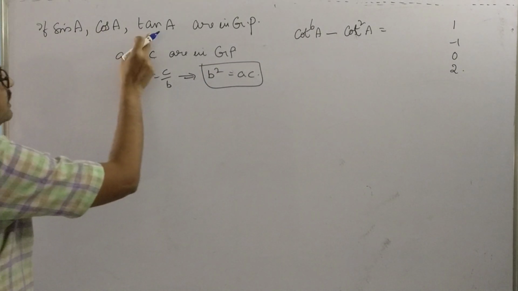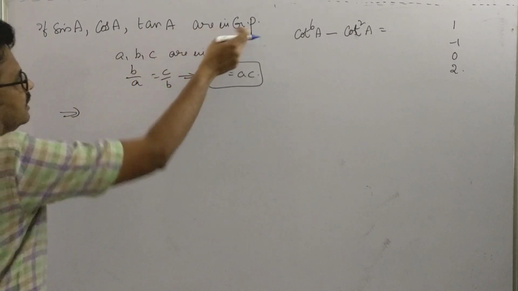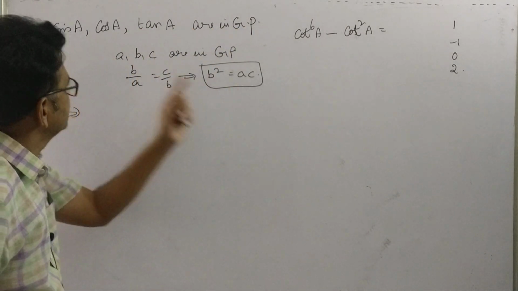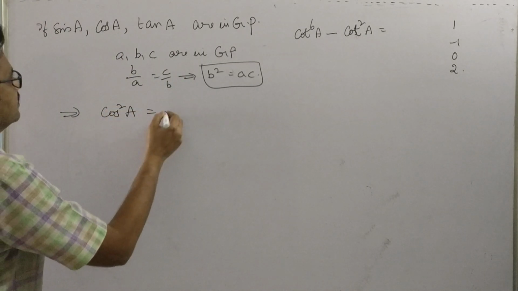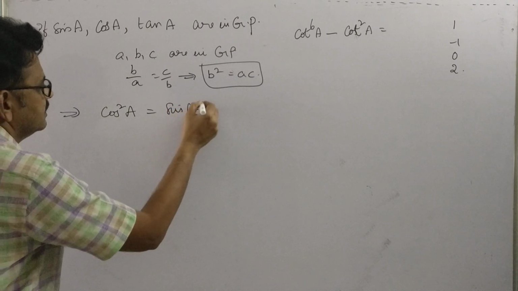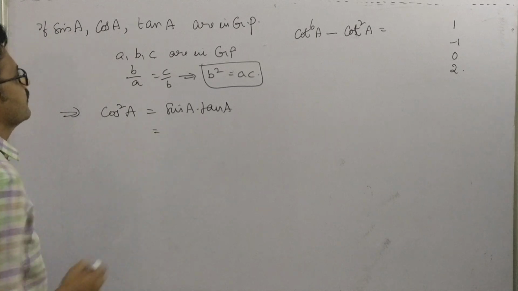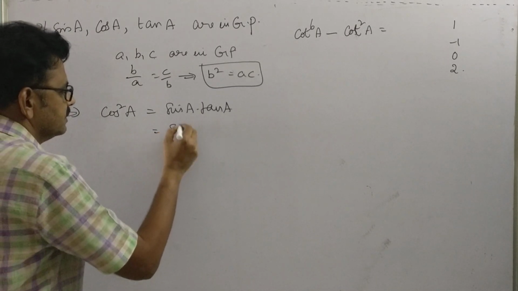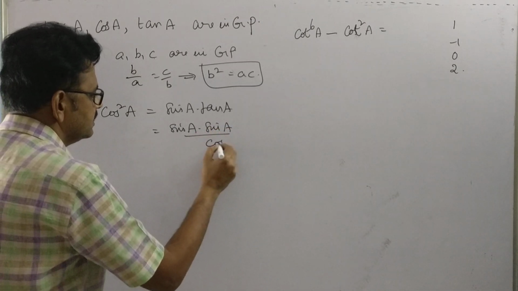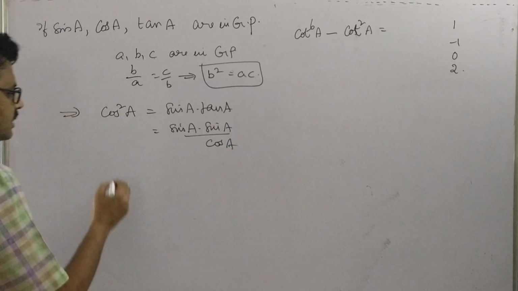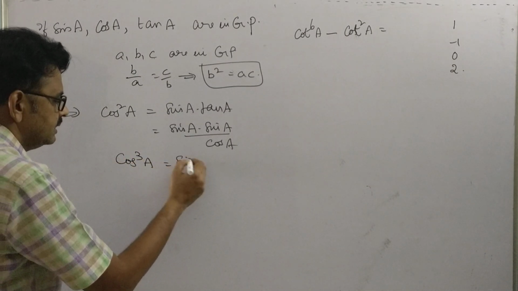Here these three are in GP, so B² is cos²A, which is equal to sin A into tan A. That is equal to sin A into sin A/cos A. Cross multiplication, cos³A is equal to sin²A.